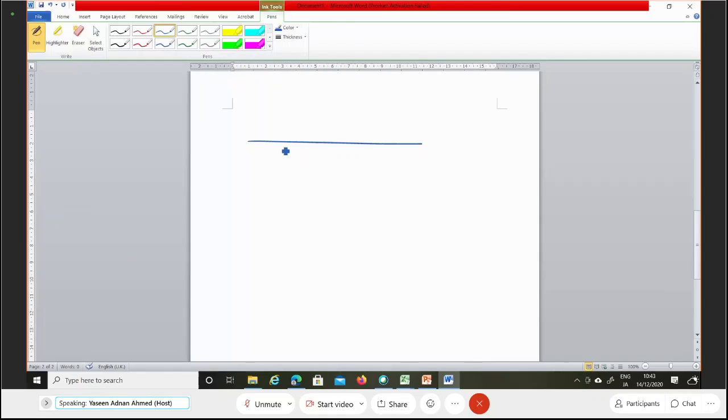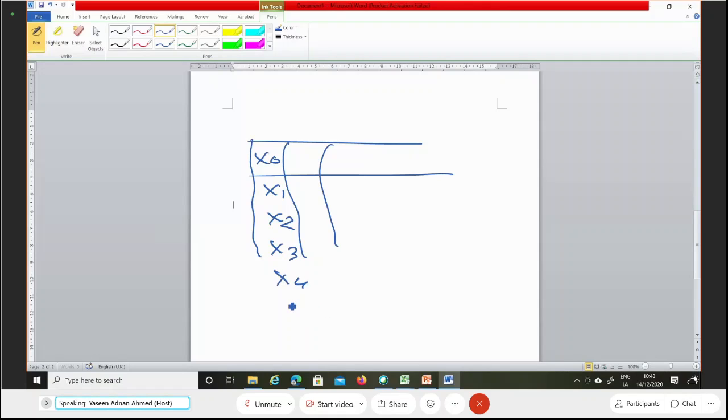So for an example, I just draw here. These are your function values, for example x0, x1, x2, x3, x4, x5. Let's say we are trying to use the composite trapezoidal rule. So this should be, of course, f0, f1. You know these values from the table or by using the relationship.